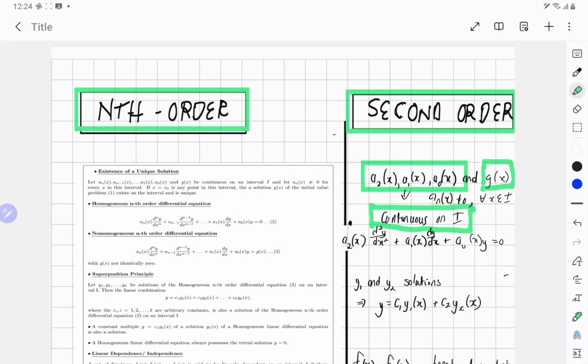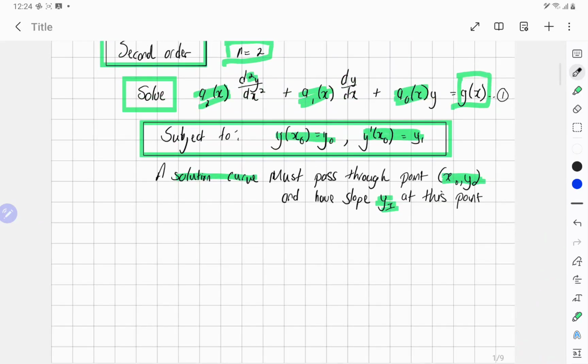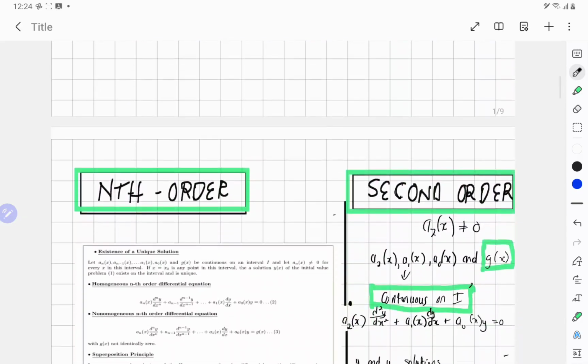And they're very important, the nth. So in this case, a2(x) must not be 0. So we can all see that if a2(x) is 0, this term will fall away and we'll get a first order. So that defeats the point.